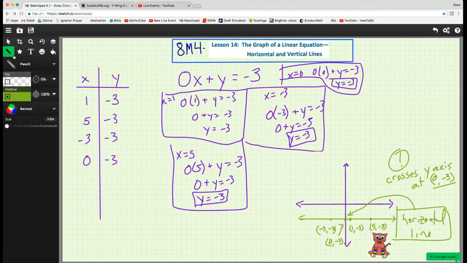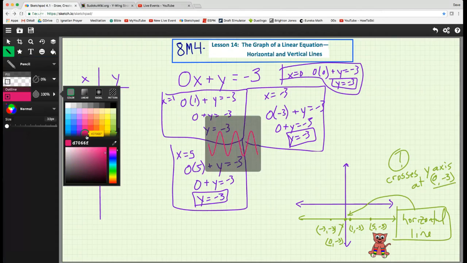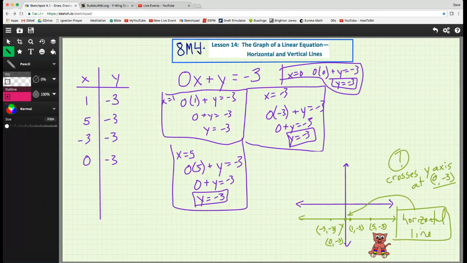Now, let's go back one more time and really take a look at what's going on here. So 0x plus y is -3 is in the form that we've been looking at in the last few lessons, but notice what happens when we simplify it. Can I simplify this equation? Well, 0x is always 0. 0 times anything is always 0.